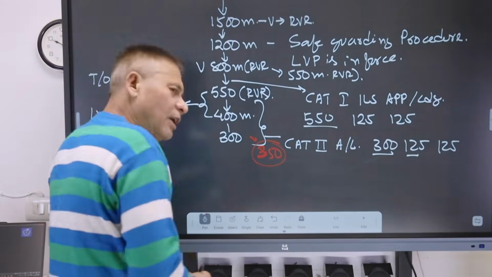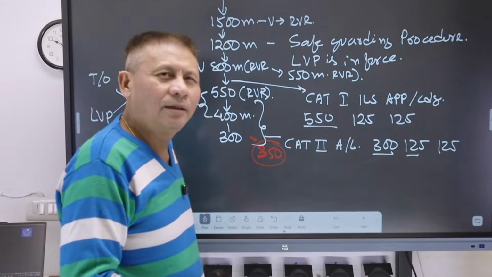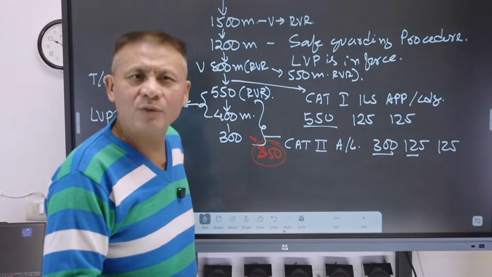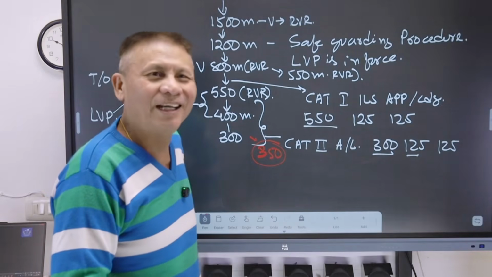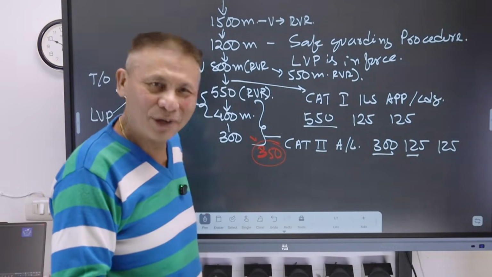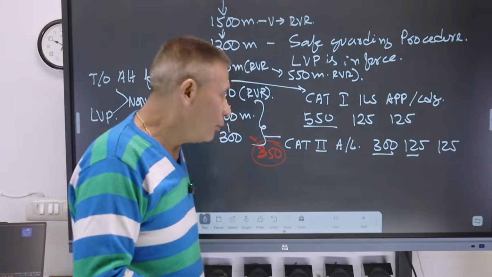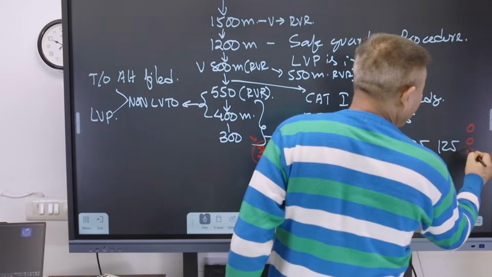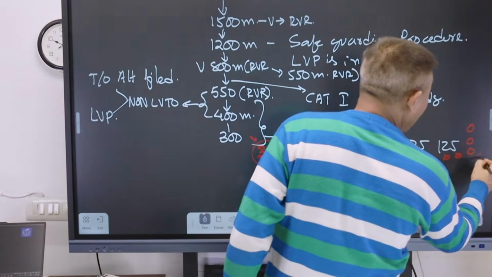So as we discussed earlier, at your DA or DH, you are supposed to establish the visual references. So in category 2, what are the visual references? The visual references which you are required to look out for are 3 consecutive lights with 1 lateral element.